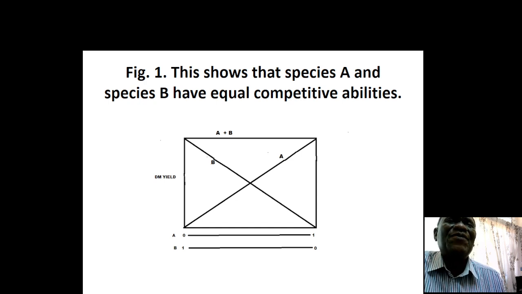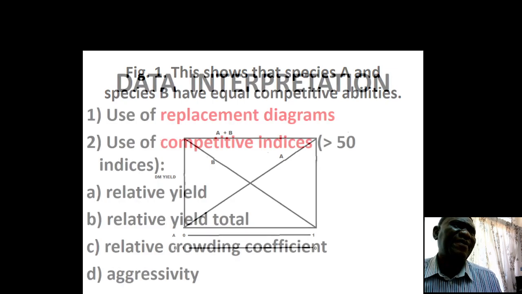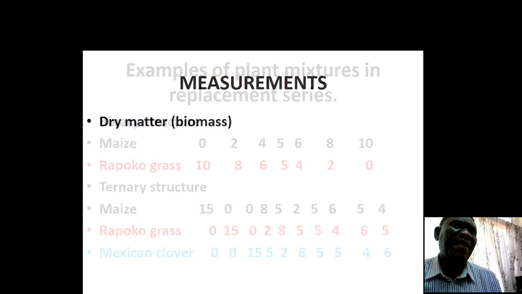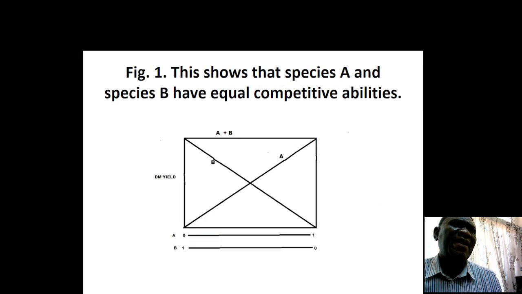Now, if you do an experiment with these treatments, where you have maize and rapoco grass with these proportions, and you get such a diagram after drawing it and everything looks the same, it means A and B species have got equal competitive abilities.